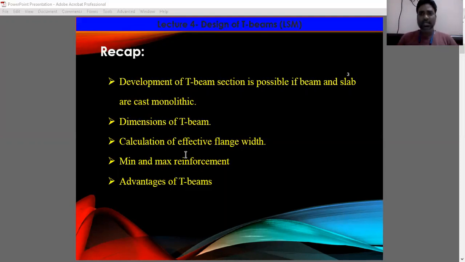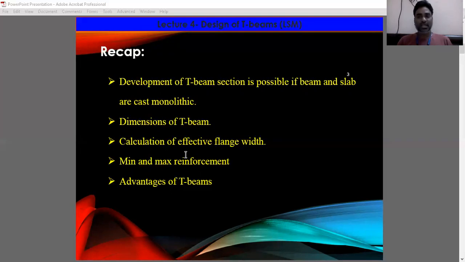Similarly, we discussed the conditions of maximum and minimum reinforcement, because the required or provided tension reinforcement should not be greater than the maximum reinforcement given by IS 456 2000. Similarly, it should not be less than the minimum reinforcement proposed by IS 456 2000.